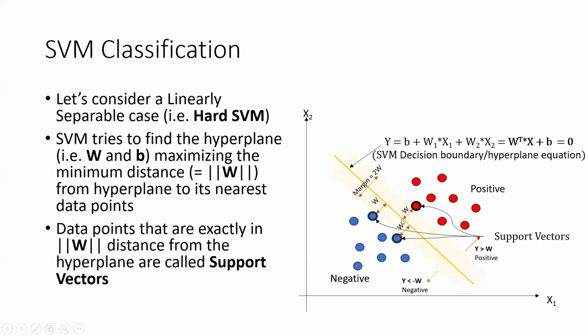We are only concerned about the support vectors. Once you find them, you don't have to think about the remaining data points, which are far away from the decision boundary.